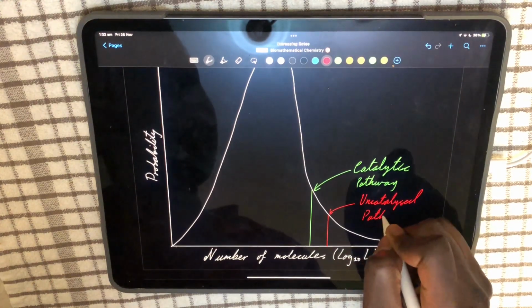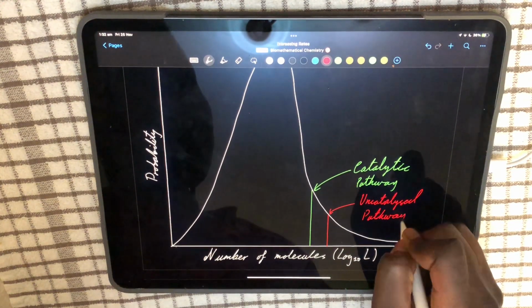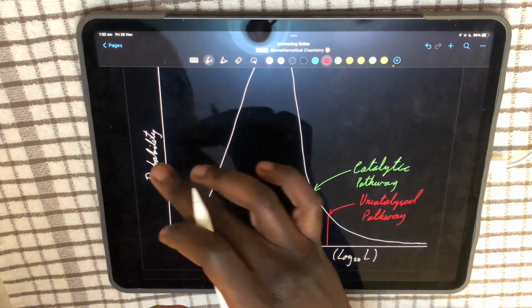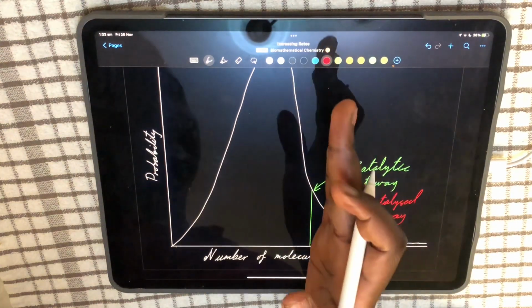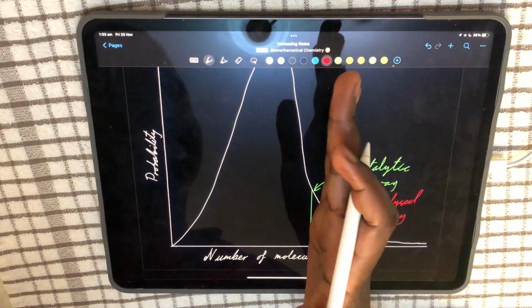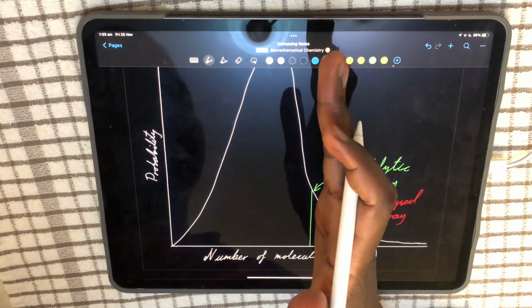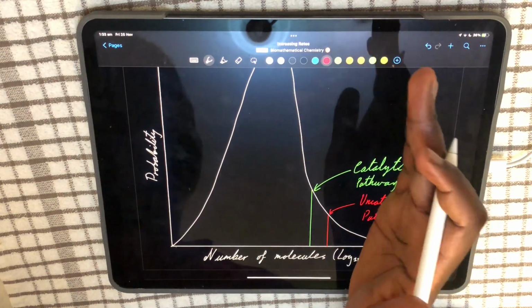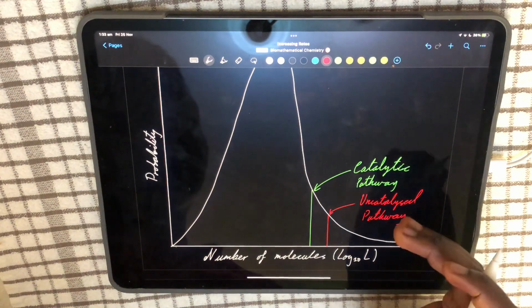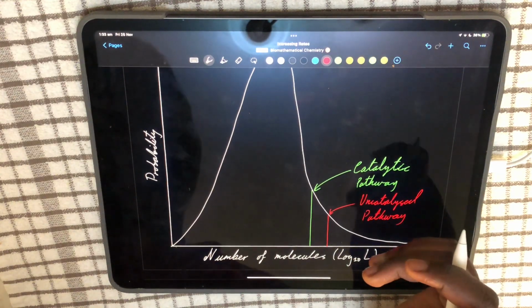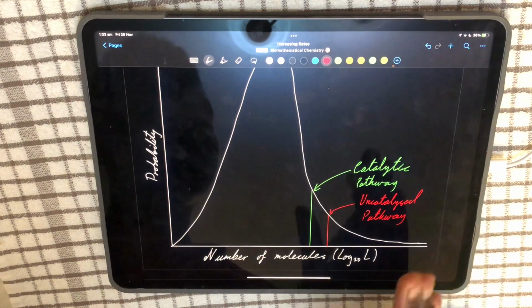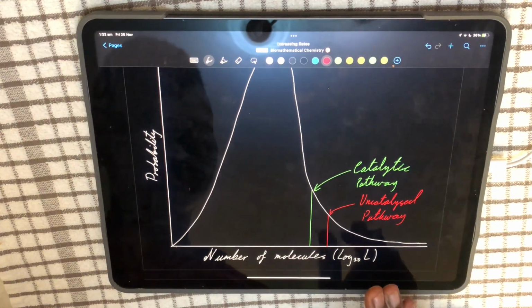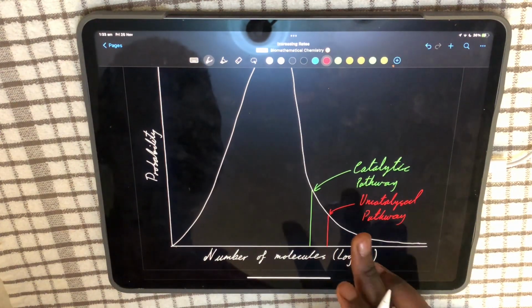This isn't the same as the Maxwell-Boltzmann graph because it's got the enthalpy here, but it's talking about the probability, right? Up until this point, there's a higher probability that the number of molecules will be going in the catalytic pathway, and a lower probability that they'll go with the uncatalyzed pathway.